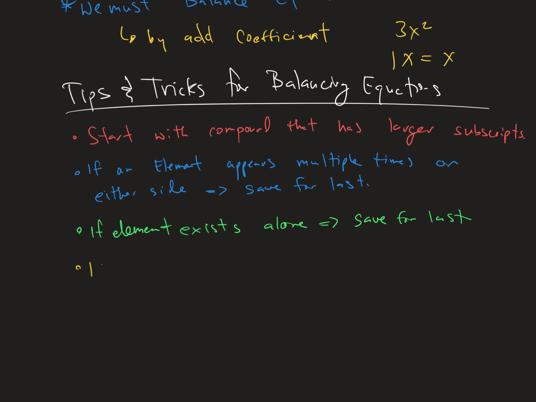Okay. If we can balance the equation using fractions or decimals, then do it. We just can't leave it that way, okay? If you can balance the equation using fractions, and again, decimals are a type of fraction, right?